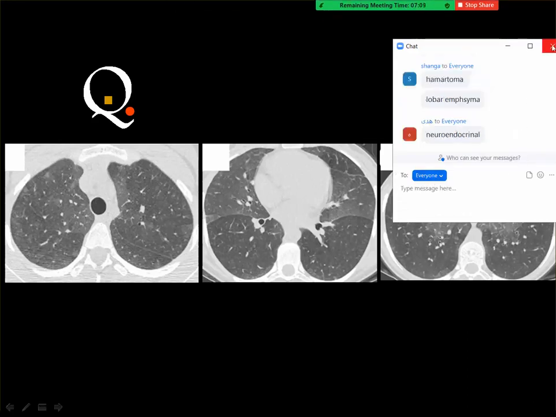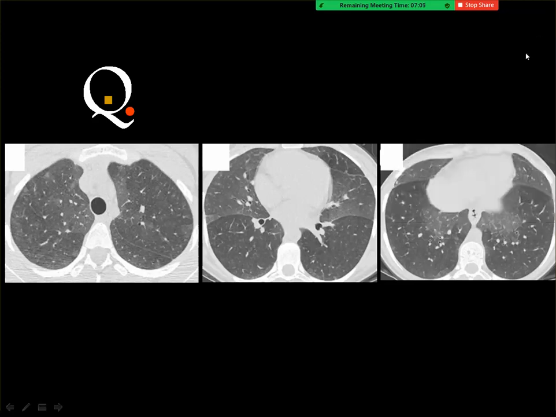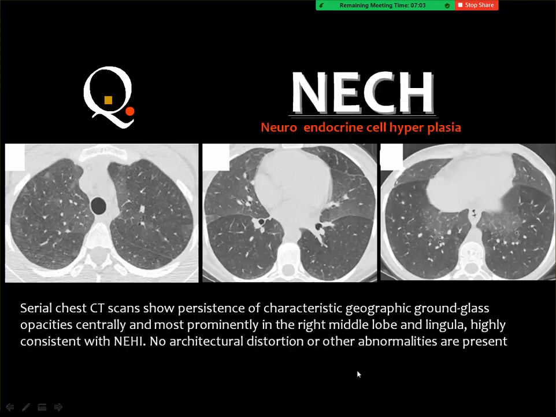Lobar emphysema, no. And this is, yes, this is neuroendocrine cell hyperplasia, which is one of the diffuse lung diseases in the pediatric age group. And this is the classic appearance of neuroendocrine cell hyperplasia by the detection of ground glass appearances, particularly in the lingula and in the middle lobe.